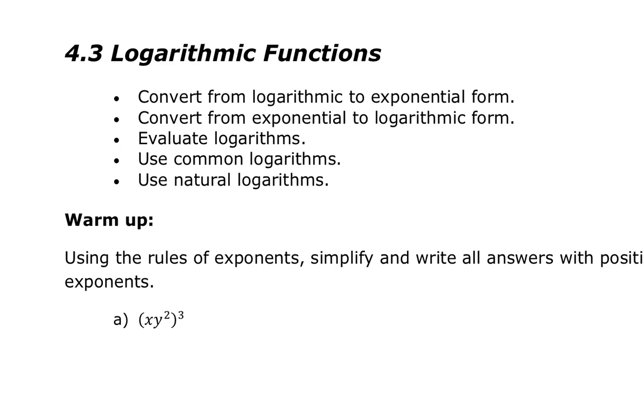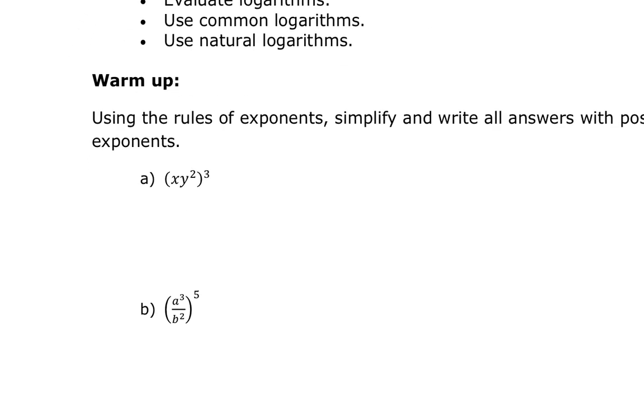Anyways, we're going to first start with some rules of exponents that you would have learned in a previous math course. If I look at my first example here, this is going to be x to the third, y to the sixth. The reason is that if I have (a, b) raised to some n power, over multiplication and division, that power is going to be distributed on both the a and the b as an exponent.